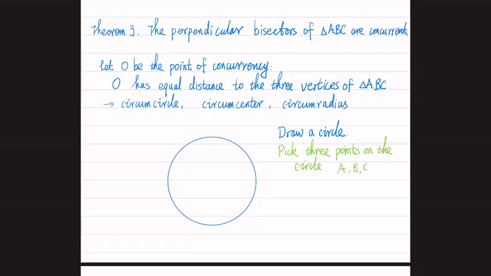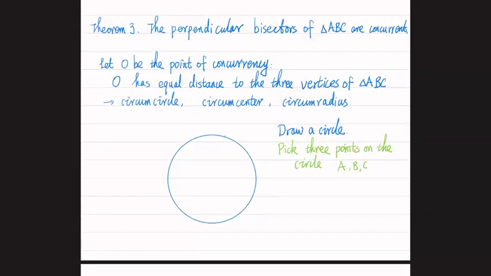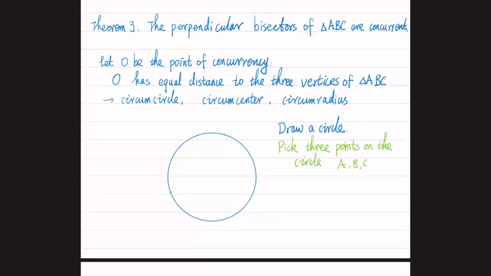Your points will be different from mine. I'm going to pick 1, 2, 3, kind of arbitrary. I connect them, I get a triangle.